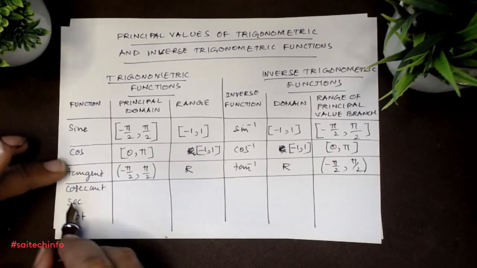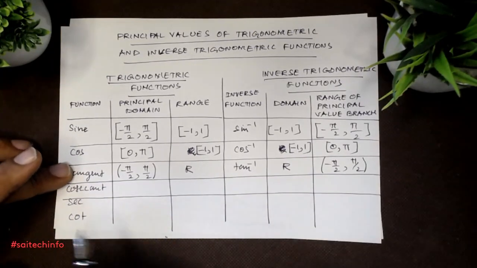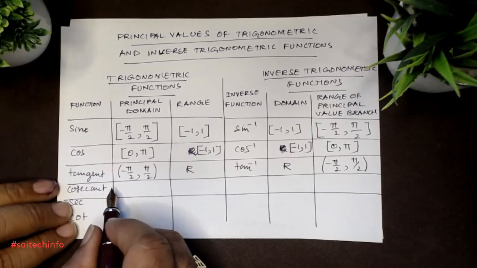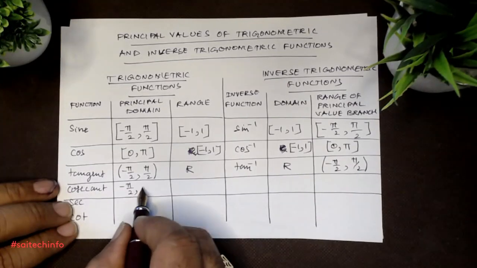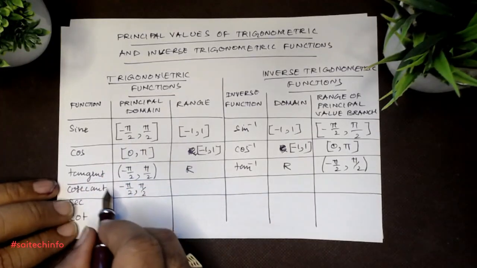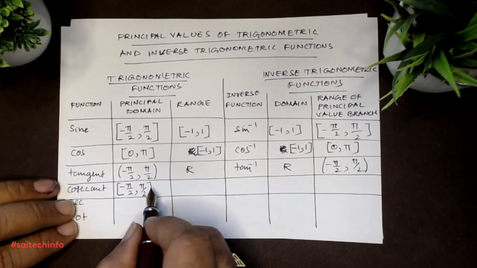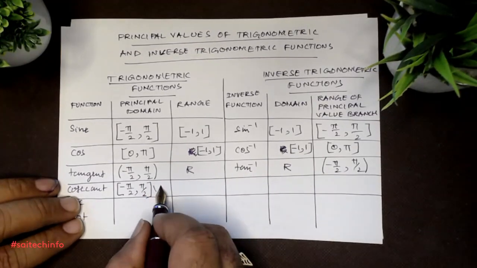Now for cosecant, minus pi by 2 comma pi by 2, it is similar to sine, however excluding 0.